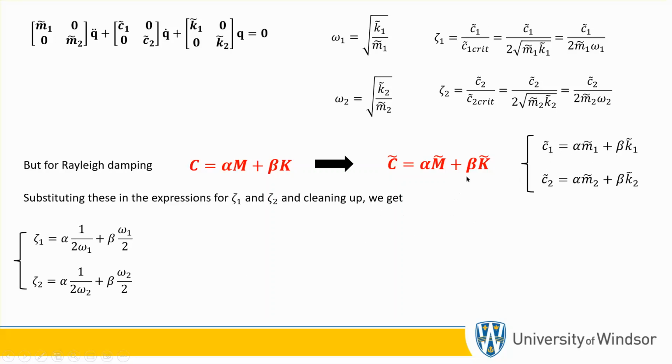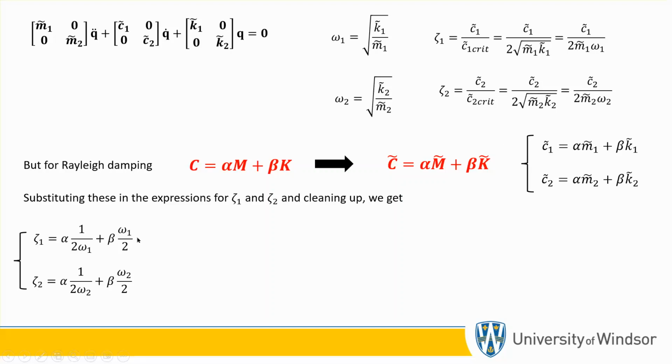First of all, if you look at this expression and you divide both sides of this top equation by 2 m1 tilde omega 1, you're going to get this equation.